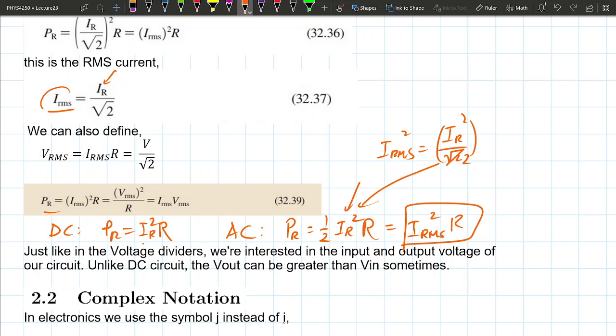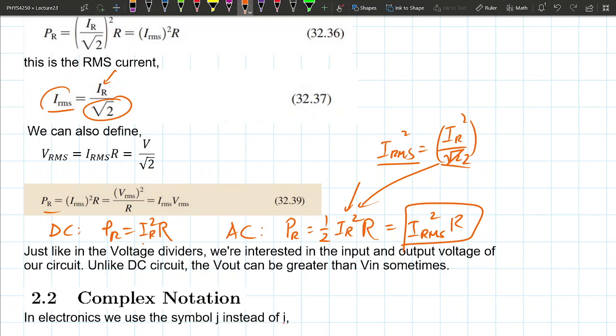But if you're dealing with RMS, meaning you knock the amplitude down by square root of 2, you can use the same equation for both, and that's what people decide to do. So no matter when it's AC, you knock the amplitude down by square root of 2.